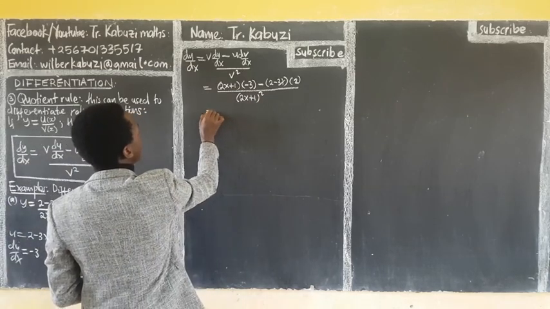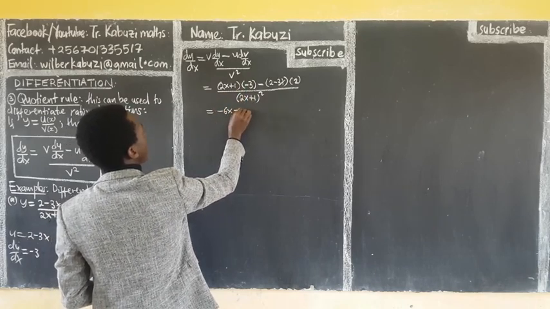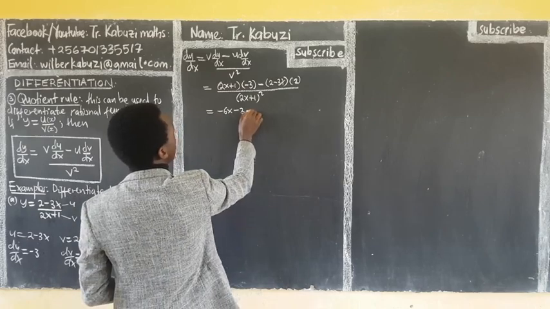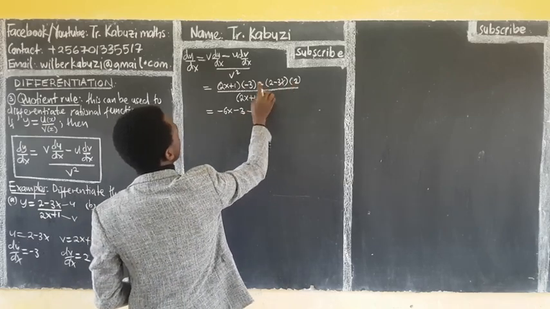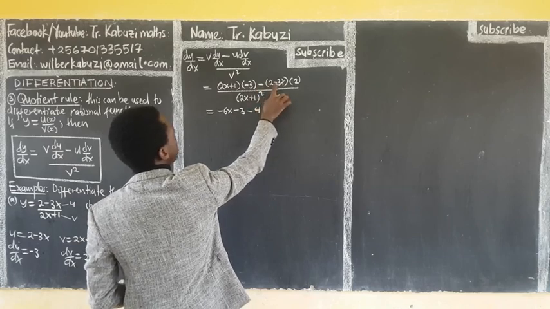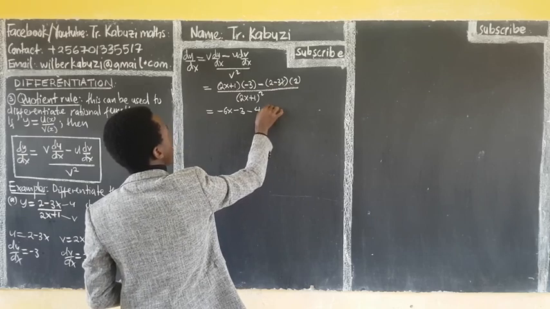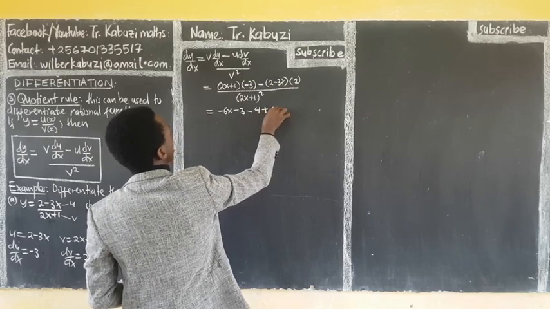Now here we just simplify. This times this will get negative 6x. This times this will get minus 3. Then minus 2 times this: negative times 2 gives negative 4. Negative times negative 3x times 2, we shall get plus 6x.